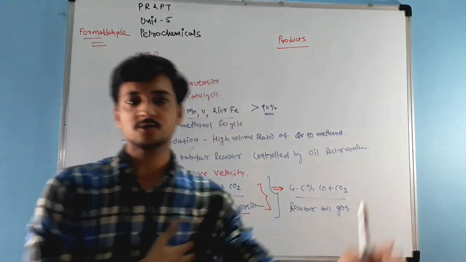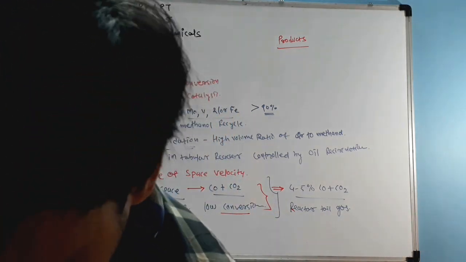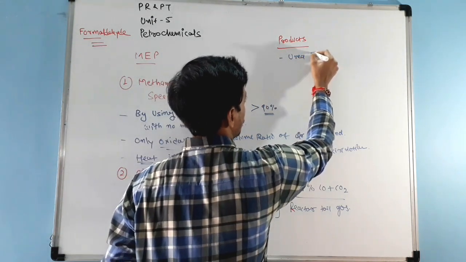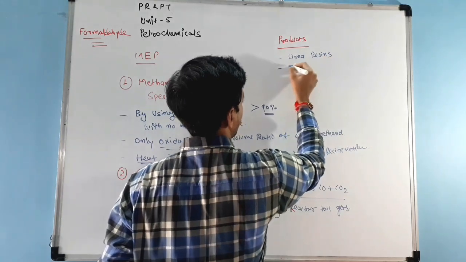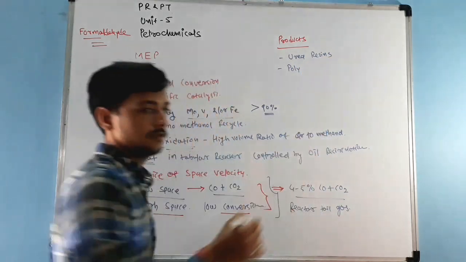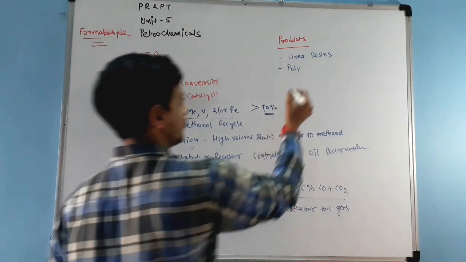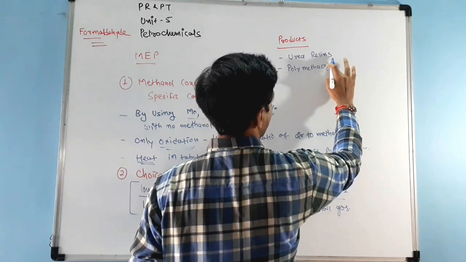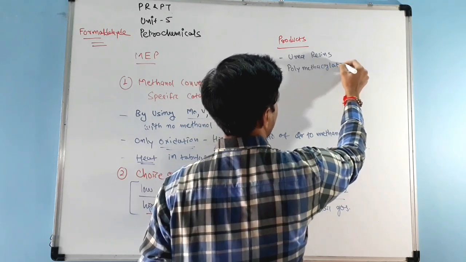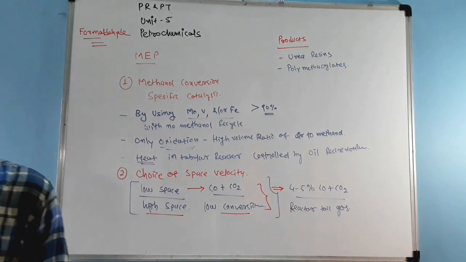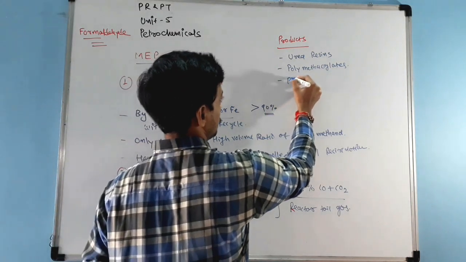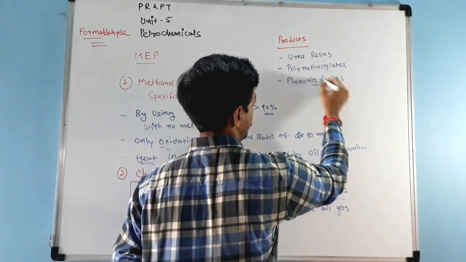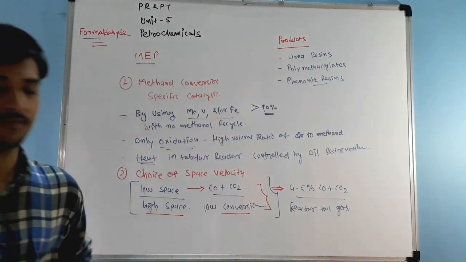But the basic products of formaldehyde are urea resins, polyacrylates, and phenolic resins.